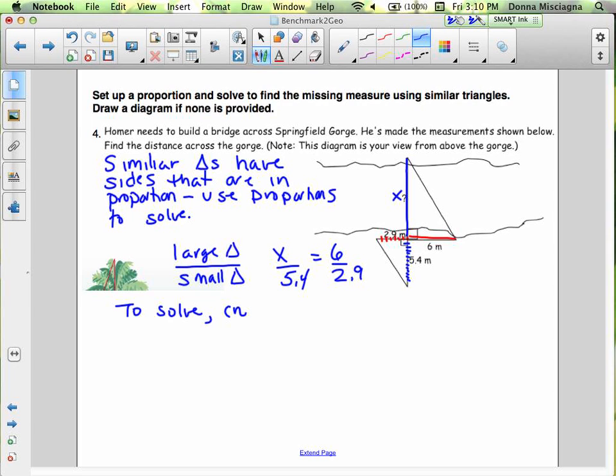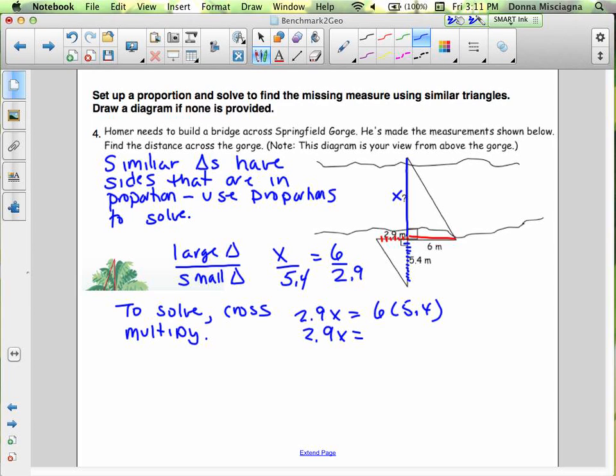you cross multiply. That's how you solve proportions. So it means 2.9 times x equals 6 times 5.4. So 2.9x equals 6 times 5.4. I'm going to grab a calculator just to do that quickly. I can multiply big numbers in my head.